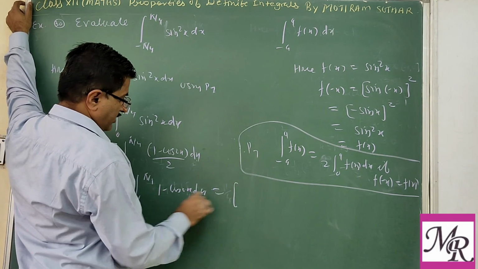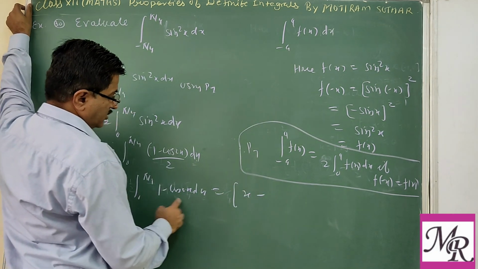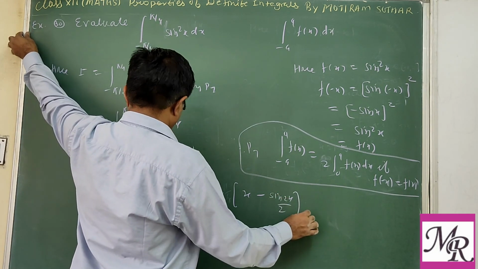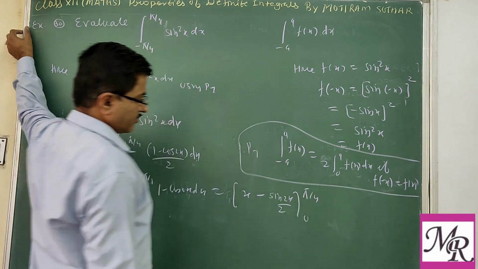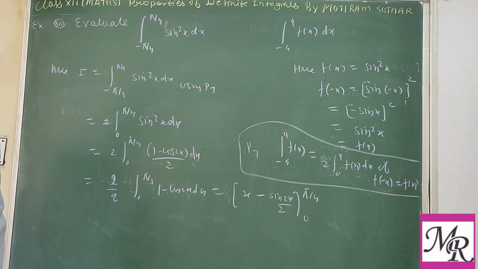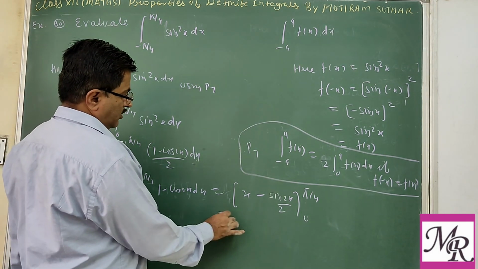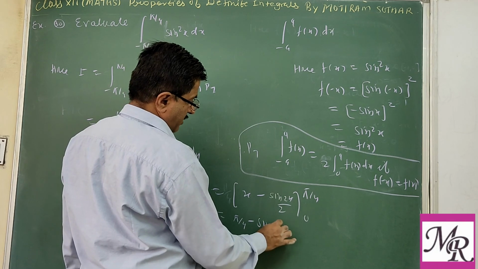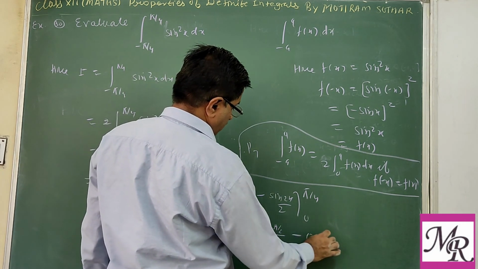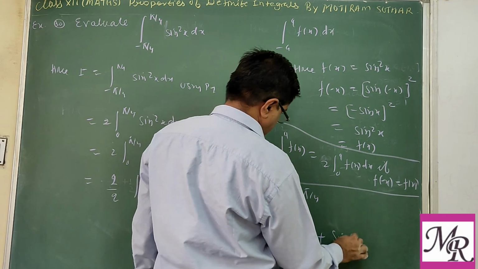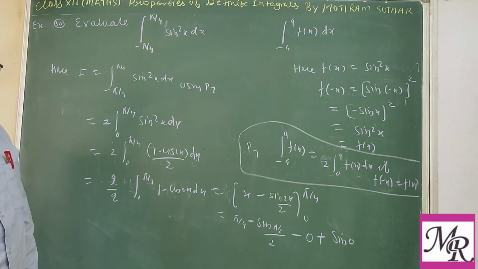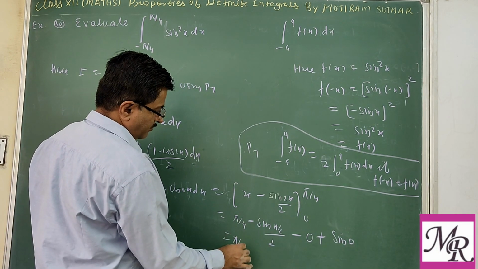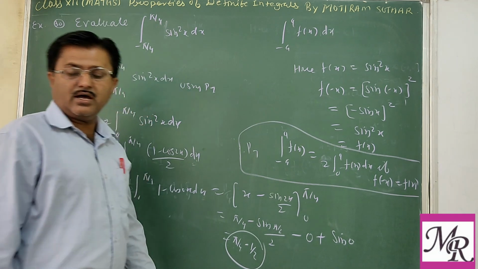The integral of 1 is x, the integral of cos 2x is sin 2x upon 2, with limits 0 to pi by 4. So x minus sin 2x by 2. You can put the value: pi by 4 minus sin 2 into pi by 4, that is pi by 2, minus 0 minus sin 0. So sin pi by 2 is 1, that's why 1 by 2. Finally you get pi by 4 minus 1 by 2 as the answer.